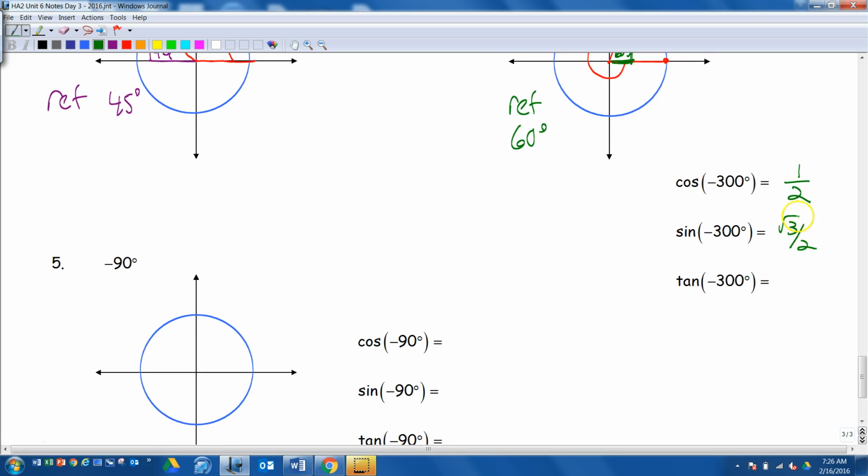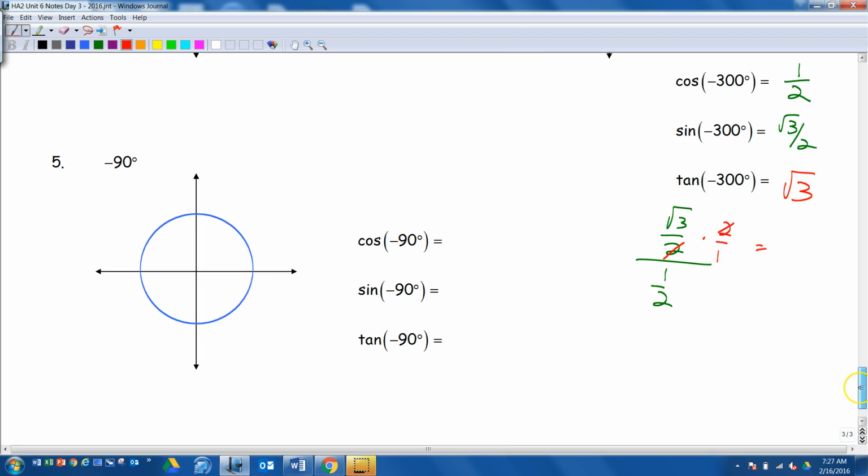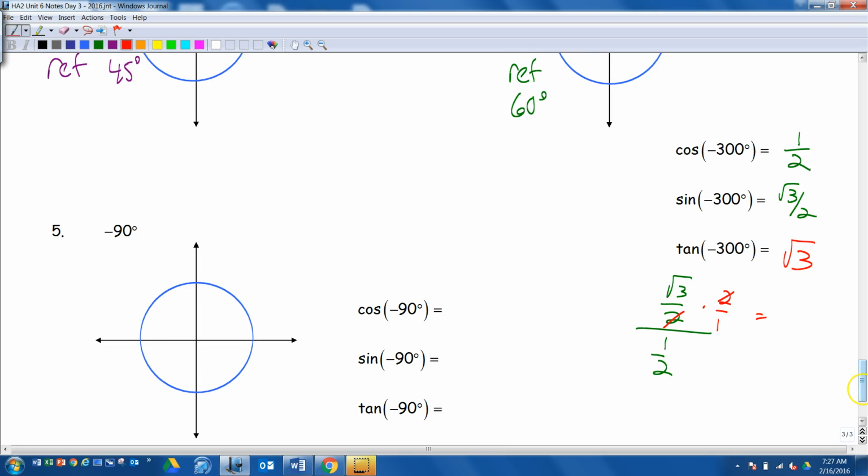Now tangent is y over x, so it's root 3 over 2 divided by 1/2. If you remember from our unit 3, you flip and multiply to solve this, and you're left with just a root 3 for tangent. That's how you find tangent. You just take sine and divide it by cosine.